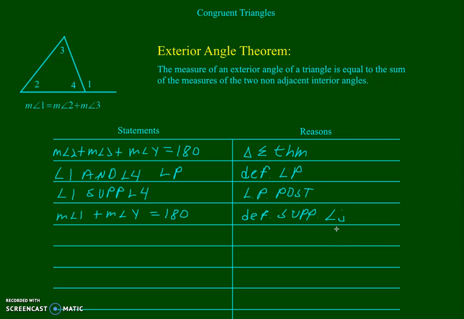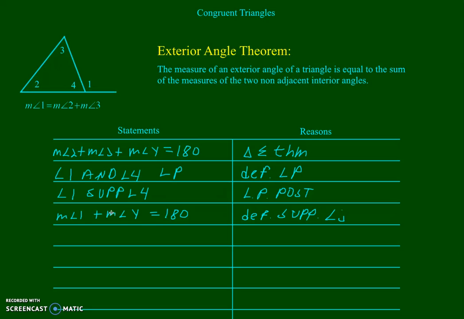Okay? Now, we use the fact that this plus this plus this equals 180, and this plus this equals 180. Hopefully you'll see a pattern in here. If A equals B and B equals C, then A equals C. That's the transitive property of equality.